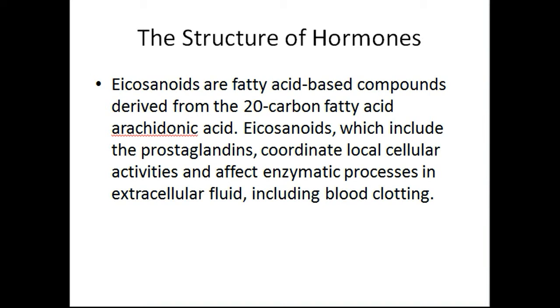Eicosanoids are fatty acid-based compounds derived from the 20-carbon fatty acid arachidonic acid. Eicosanoids, which include the prostaglandins, coordinate local cellular activities and affect enzymatic processes in extracellular fluid, including blood clotting.